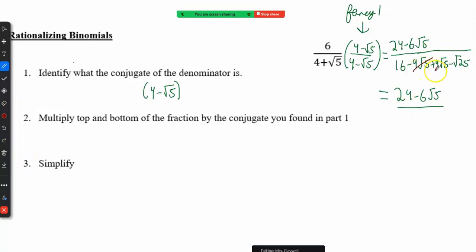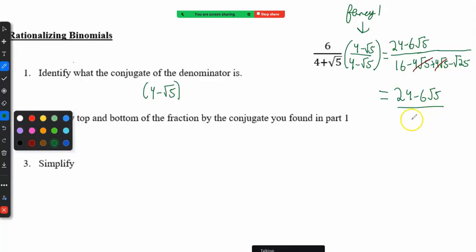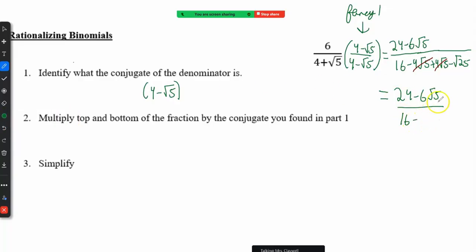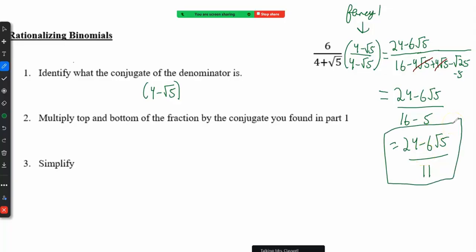Keep in mind, these are always going to cancel out. And I get 16 minus, and that's like a 5. And look, I no longer have a square root in my denominator, which was my goal during this. So I no longer have a square root in the denominator, which is exactly what I wanted.